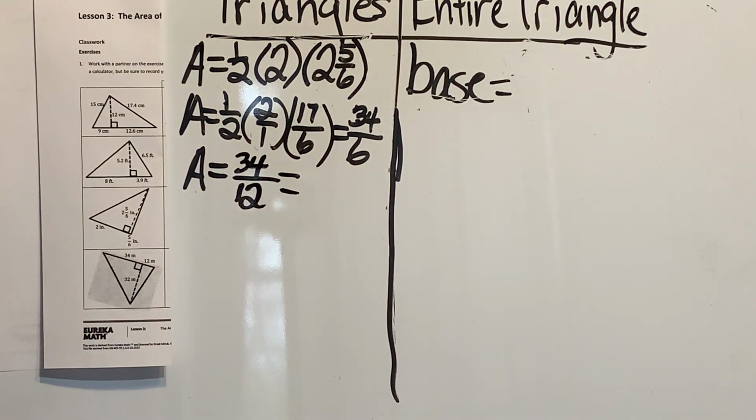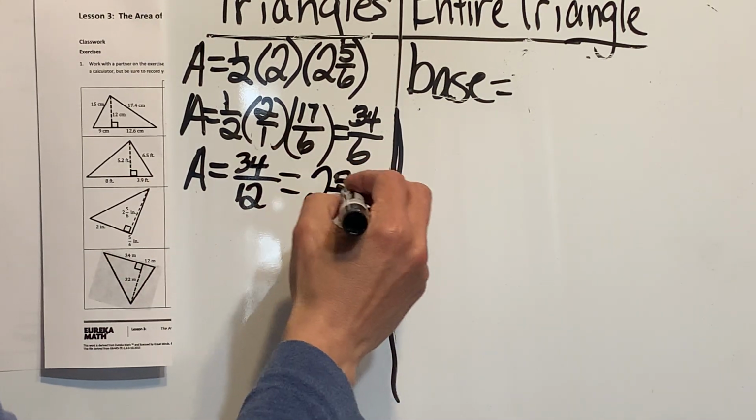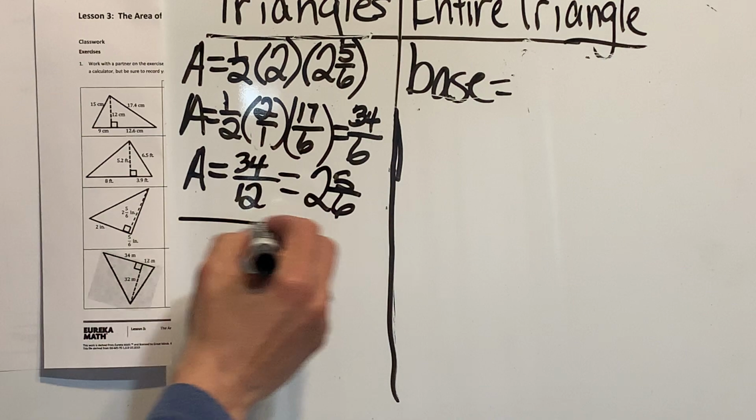So that would give us a total of 2 5/6 when it's reduced.